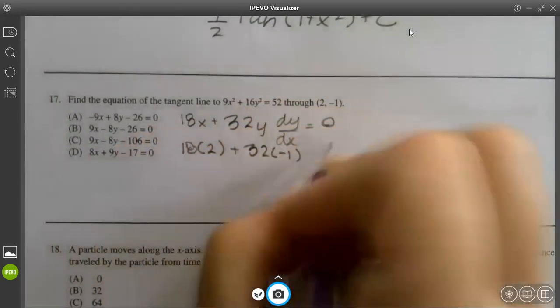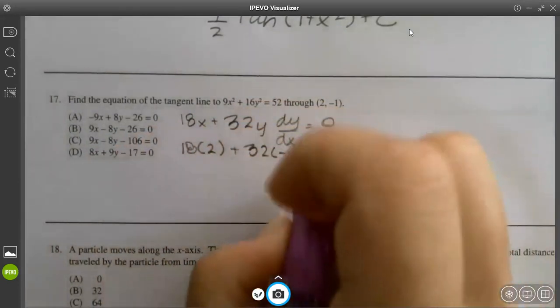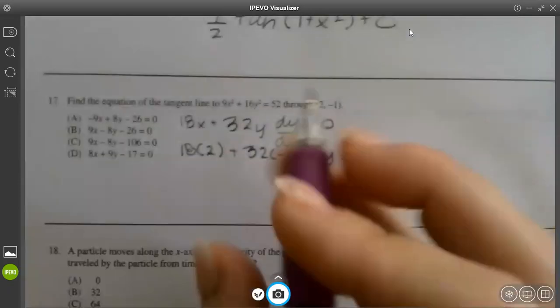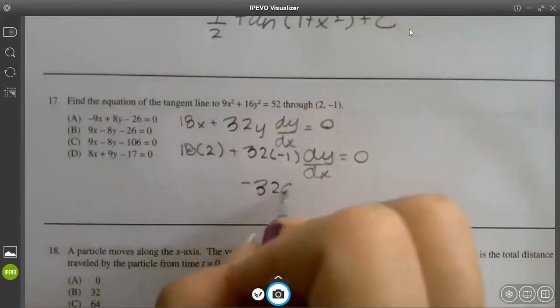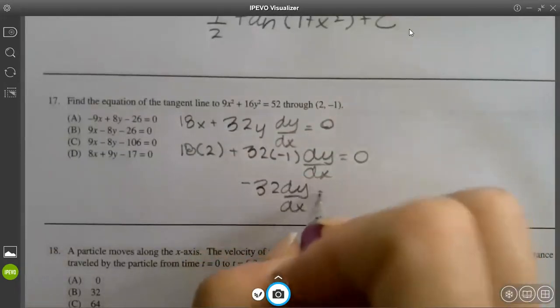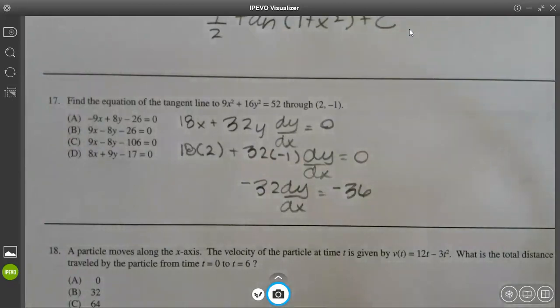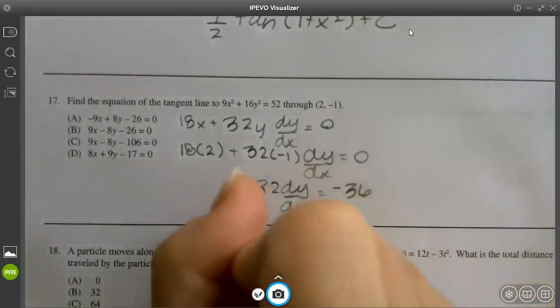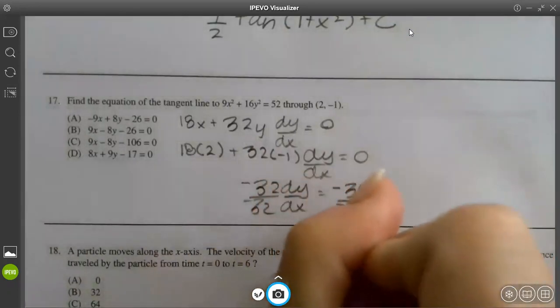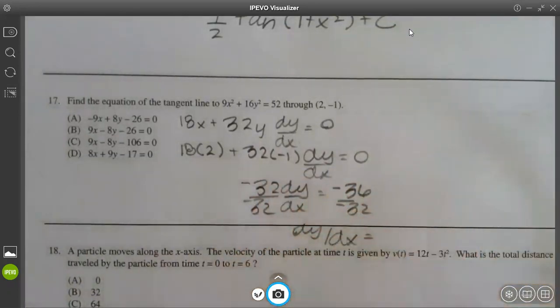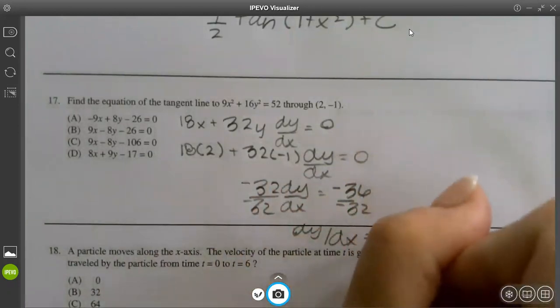Your y is -1. 18 times 2 is, what am I gonna do to that? Move it over. So I get negative 32 dy over dx equals negative 36. How do I solve? And you get dy over dx equals 9 over 8.